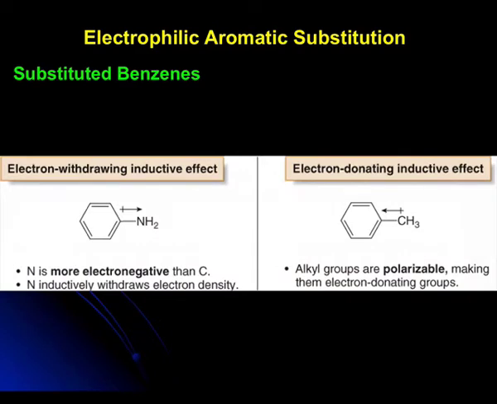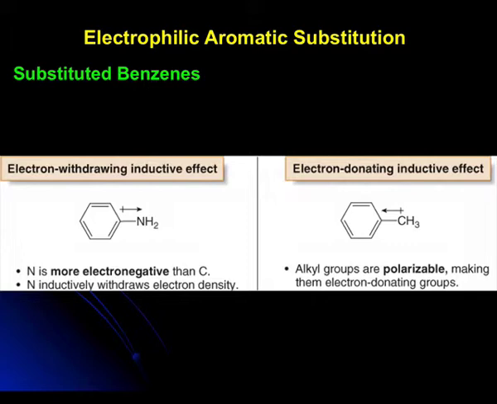Now, there are several ways that we can think about electron donation and electron withdrawing. There's the inductive effect, and that just deals with electronegativity. We know that nitrogen is more electronegative than carbon, so nitrogen's pulling electrons to itself within that bond. That is inductively withdrawing electrons.